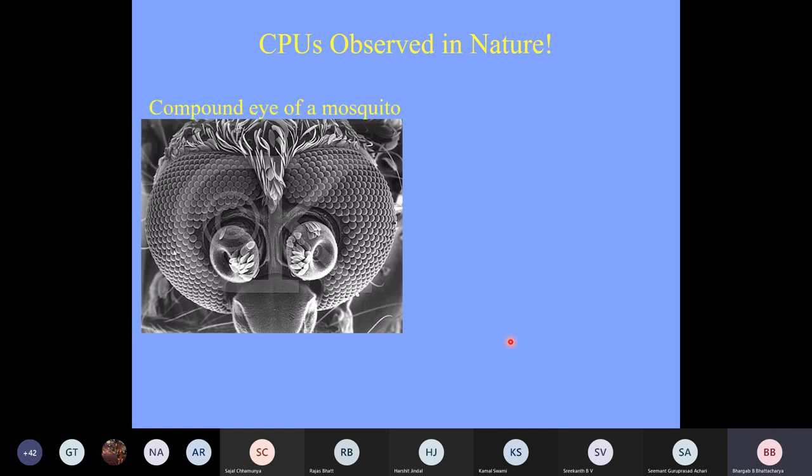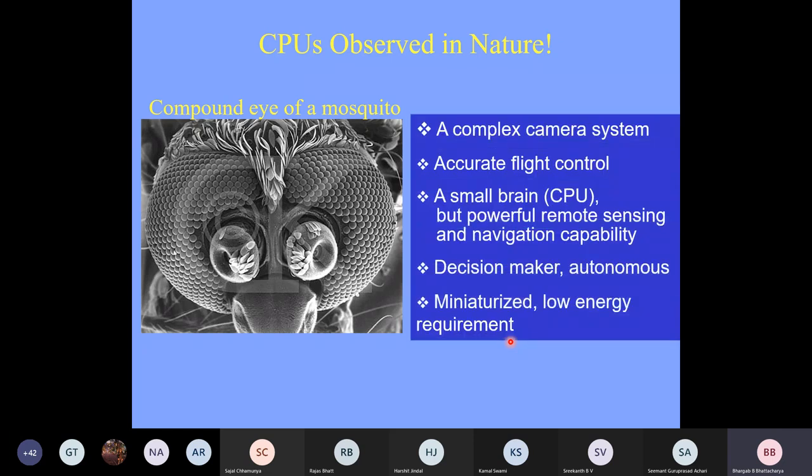Incidentally, this is nothing but the compound eye of a mosquito. If you look into this tiny creature, it has fantastic capabilities, and it is a very complex system. It is a very complex camera system. It can see almost 360 degrees around it.